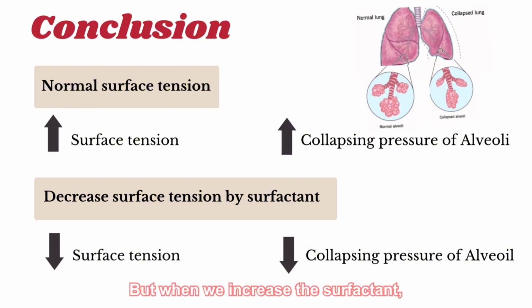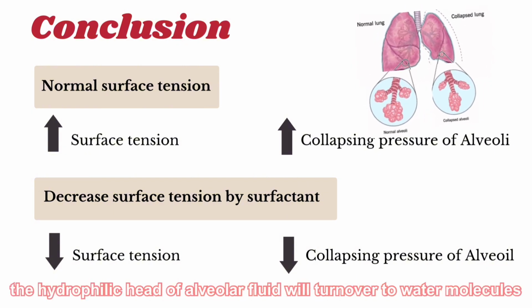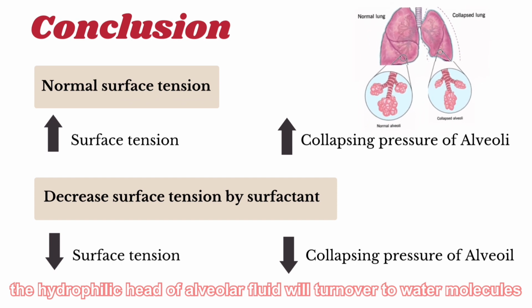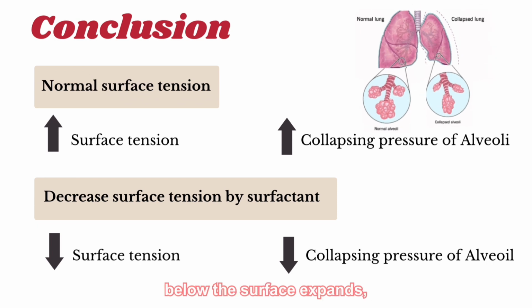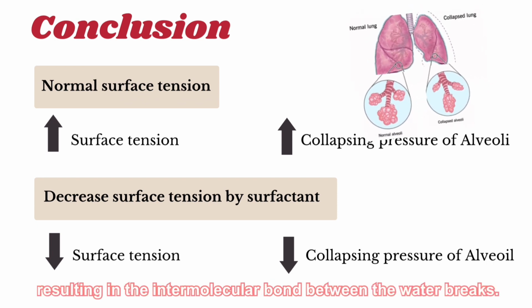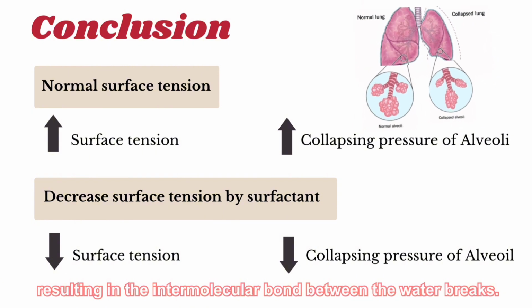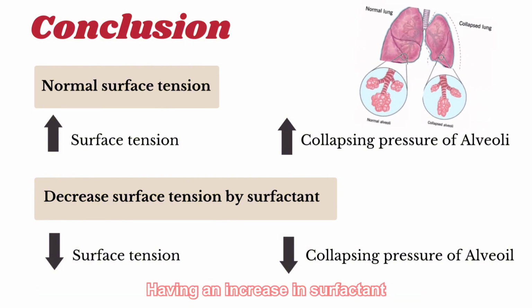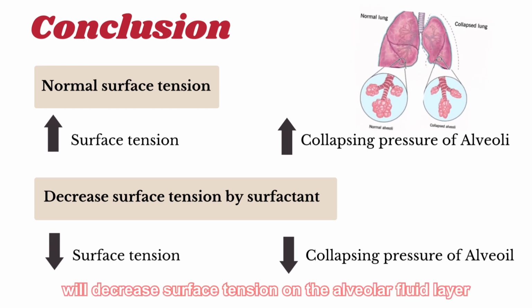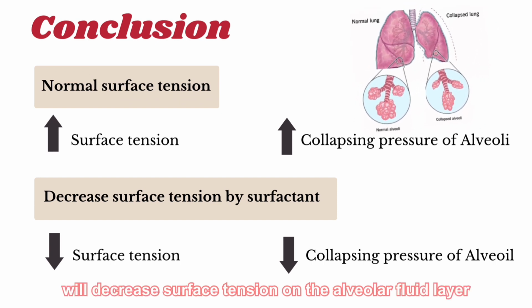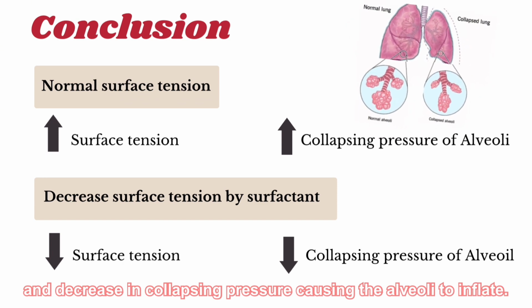But when we increase the surfactant, the hydrophilic head of the surfactant turns toward the water molecules and makes the interaction cause the water layer below the surface to expand, resulting in the intermolecular bond between the water breaking. Having an increase in surfactant will decrease surface tension on the alveolar fluid layer and decrease collapsing pressure, causing the alveoli to inflate.